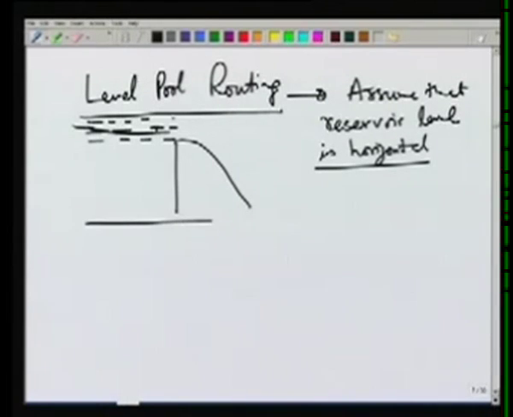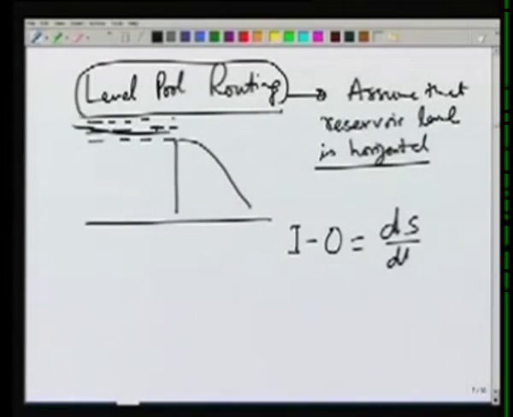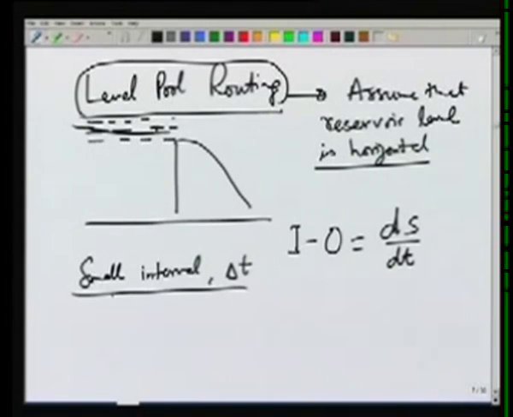So assuming this, for the reservoir routing or storage routing or this level pool routing, we write the familiar mass balance equation as I minus O equal to dS/dt, and then we consider a small time interval delta t. Let's see what happens during this small, finite time interval of delta t.